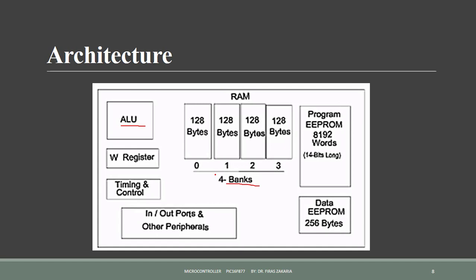According to the type of the microcontroller, these banks may vary. The PIC16F877 only has 4 banks, bank 0, bank 1, bank 2, and bank 3. Each bank holds 128 bytes of addressable memory.